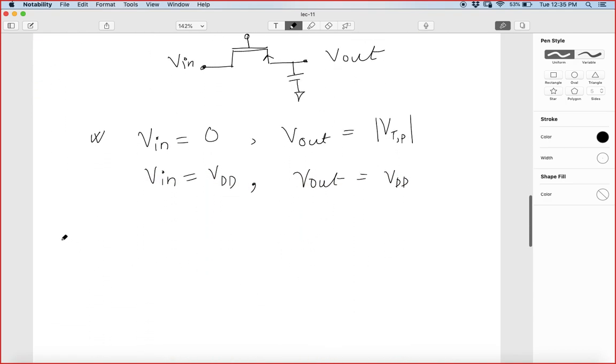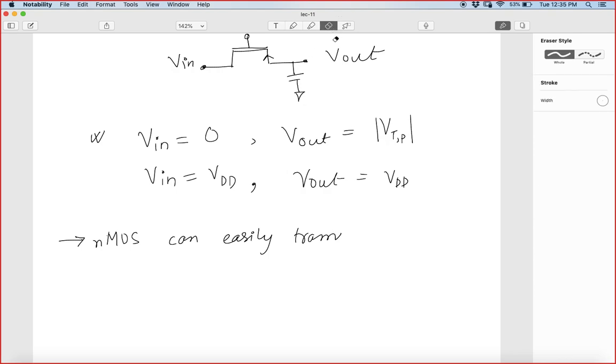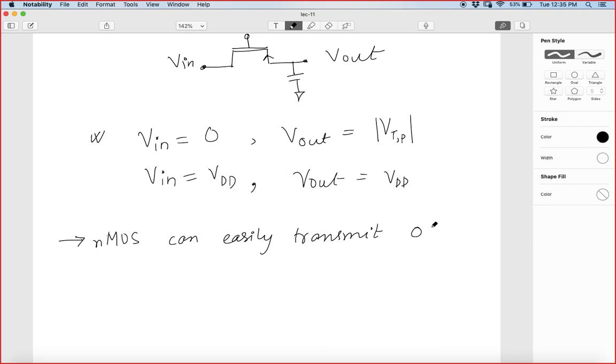So these two have two different problems. The final conclusion is, NMOS can easily, without any loss, transmit 0 volt, whereas the PMOS can easily transmit VDD.